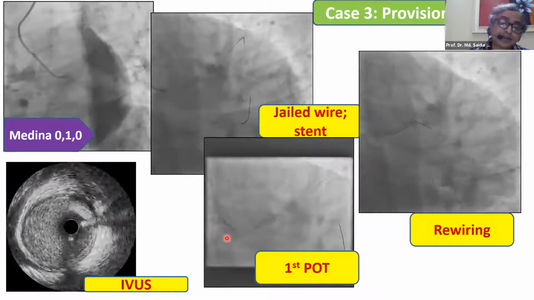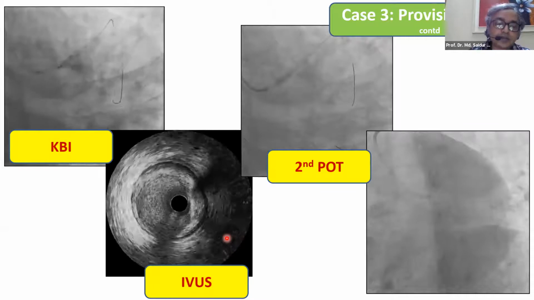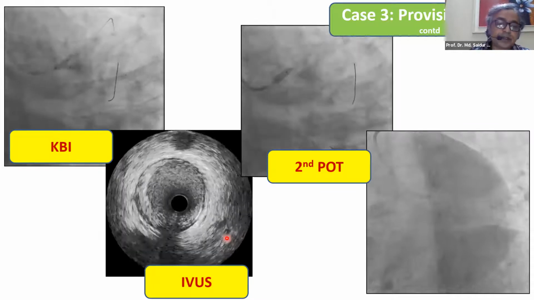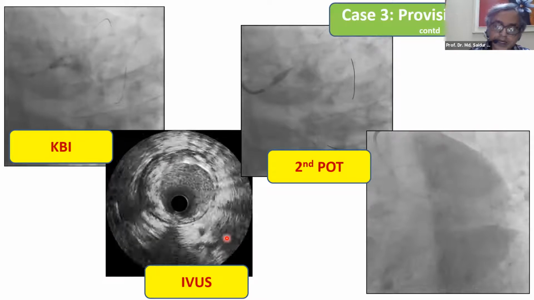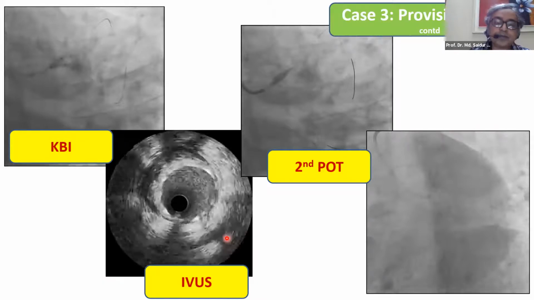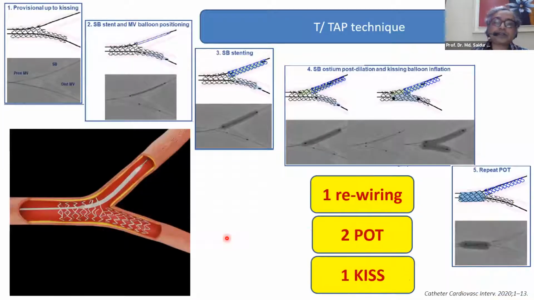Because it's a left main subset, kissing balloon inflation is better to do there. And then the IVUS is showing the side branch is well uniformly shaped, and the stent in the left main is also well apposed. Then we did the second part again, and the final picture is good.